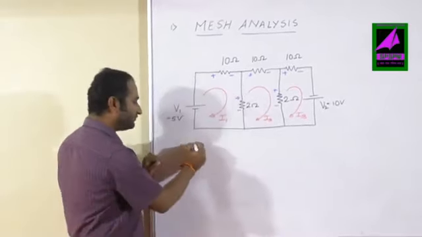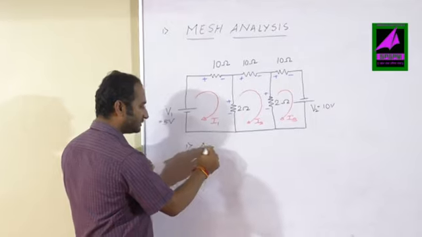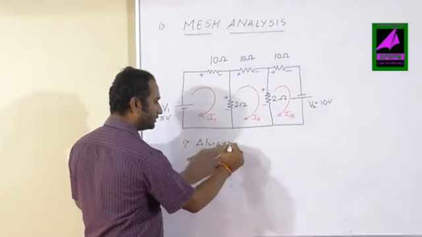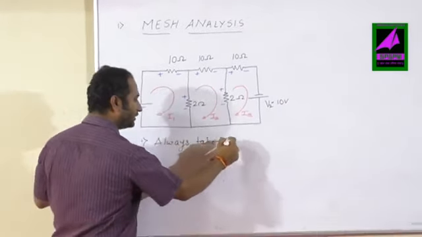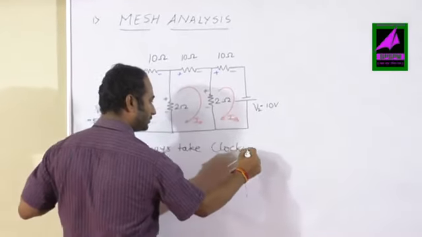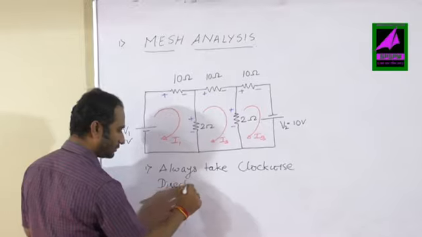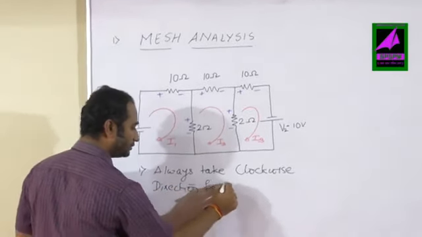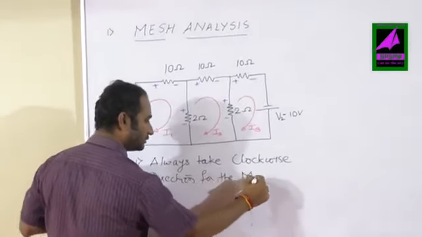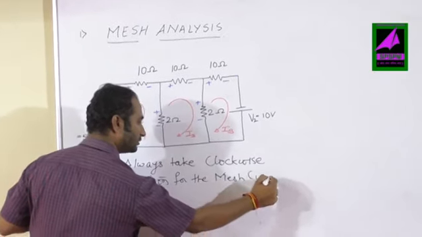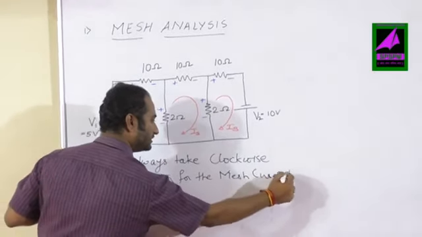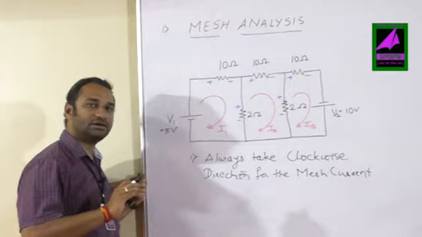The rules are, the very first one is to always take clockwise direction for the mesh current. Now this doesn't mean that you cannot take anti-clockwise.